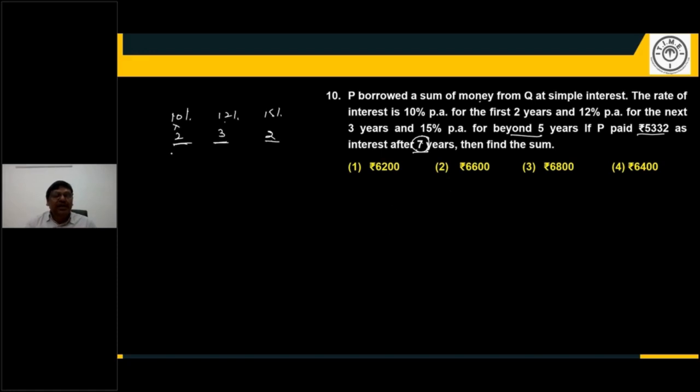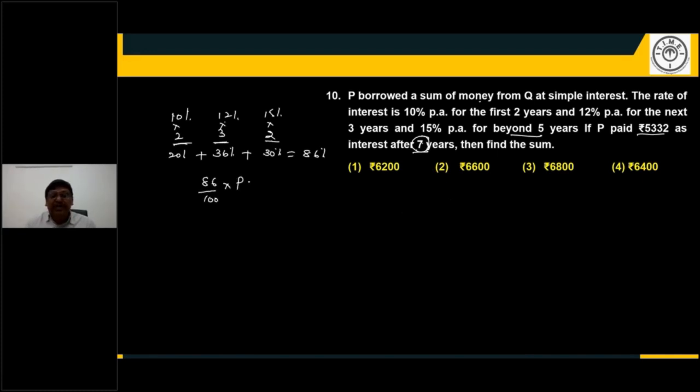Simple, students. 10% into 2, 20%, 12% into 3, 36%, 15% into 2, 30%. So 20 plus 36 plus 30, the total interest is what percent? 86%. Interest is calculated on what? On the principal.